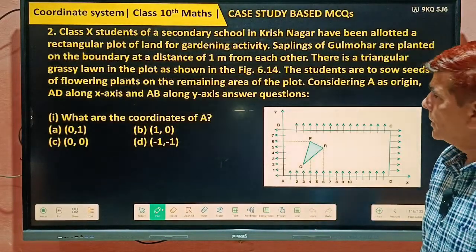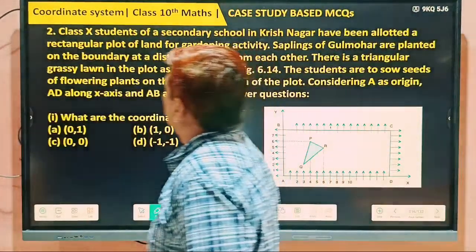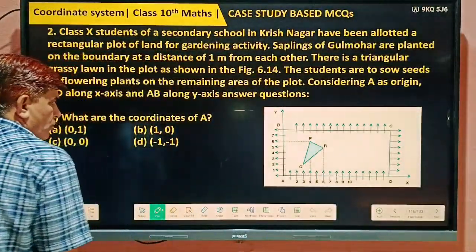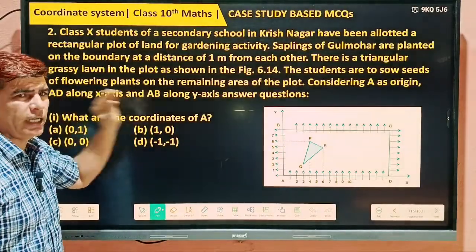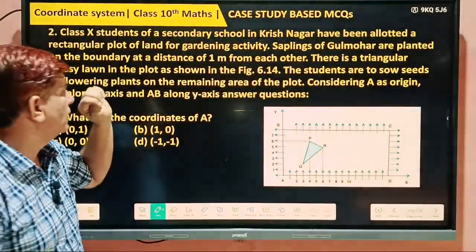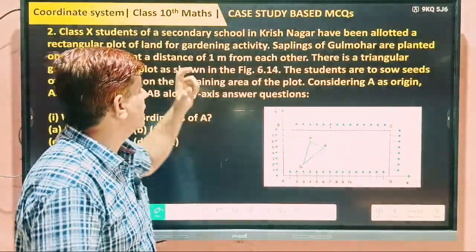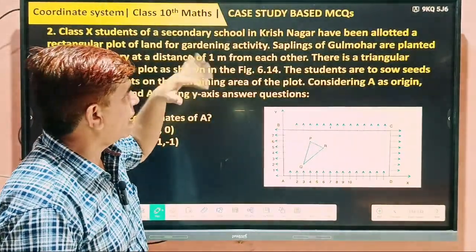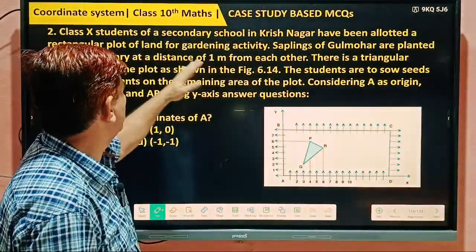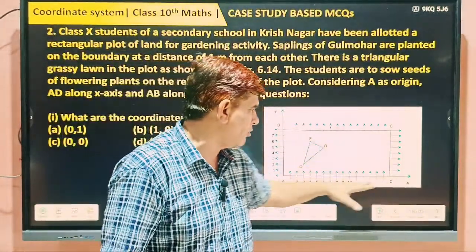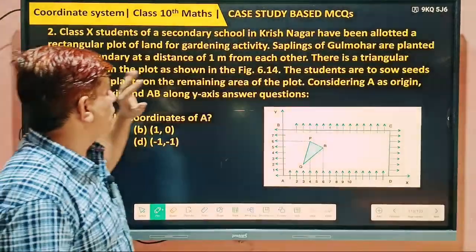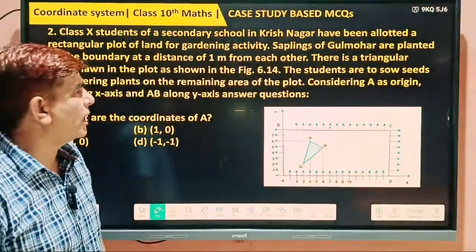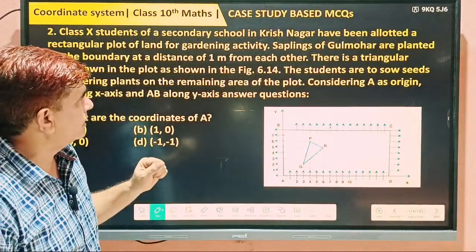That was the whole part of that question. Another one is given. I think you understood that a class 10th student of a secondary school, secondary meaning up to 10th class, senior secondary up to 12th class, in Krishnagar has been allotted a rectangular plot for gardening activities.